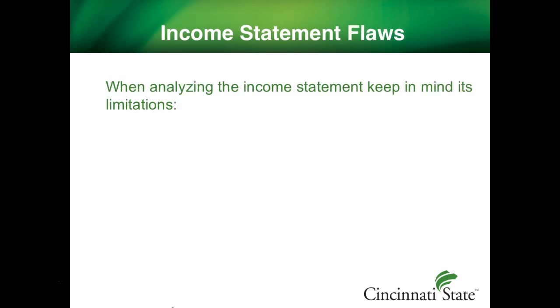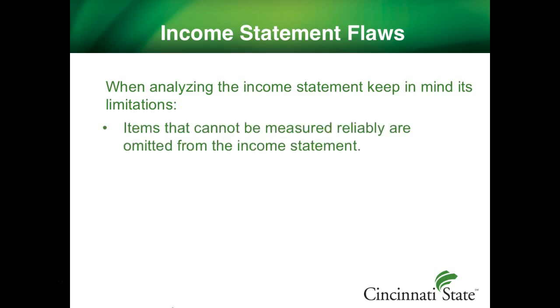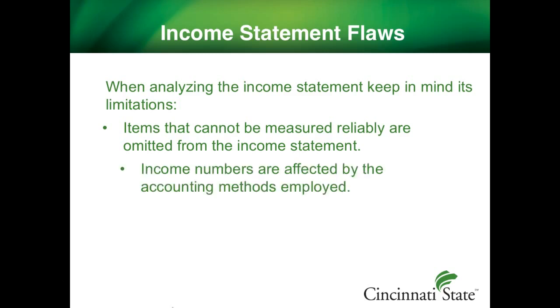As we analyze the income statement, we should be aware of its limitations. One of them is that items that cannot be measured reliably are omitted from the income statement. For example, the value of brand recognition, customer service, and product quality are not part of the financial accounting. Another flaw is that income numbers are affected by the accounting methods employed.